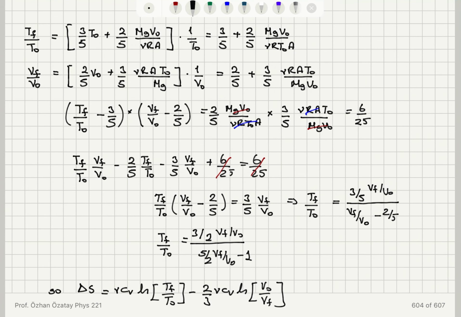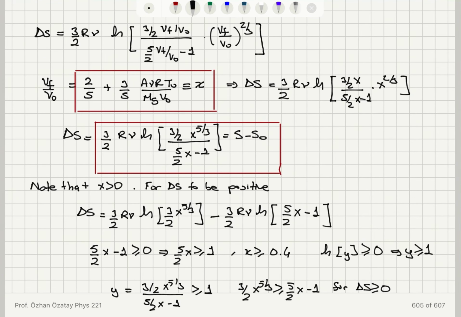So I used the answers that I found in problem 5.8, substituted them here, and calculated this entropy change. And then I have defined the ratio V final over V0 as x, and the entropy change was written totally in terms of V final over V0, and that's basically S minus S0, so I calculated the entropy change.